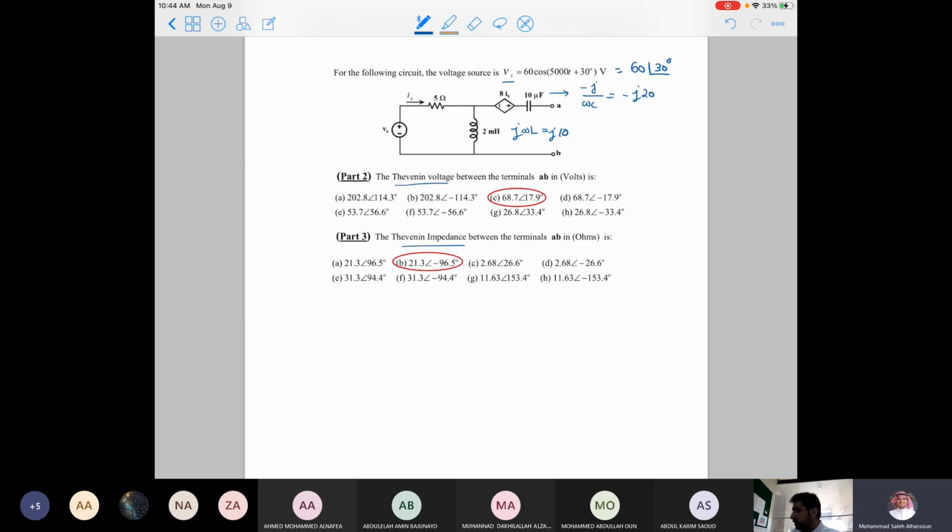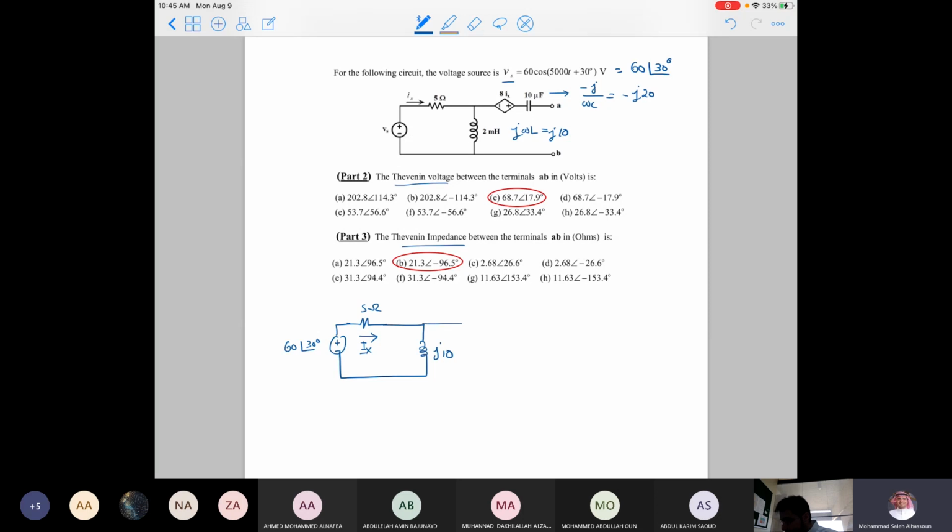So now I need to draw the circuit where everything is in the phasor domain. The source that I have is 60, the angle is 30. Then I have a 5 ohm resistor. This is IX, now in phasor. I have an inductor with impedance J10.